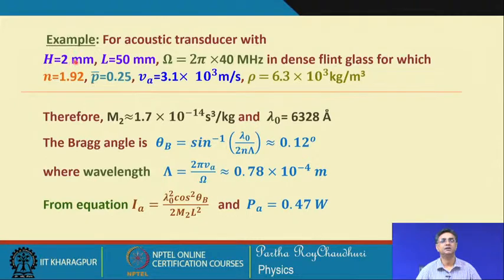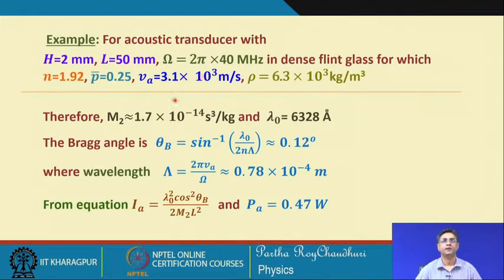Let us suppose that these are the numbers: h equal to 2 millimeter, the length of the acousto-optic cell, that is the width of the acoustic wave, is 50 millimeter, and the frequency of the acoustic wave is 40 megahertz in dense flint glass, for which n, the normal refractive index of the medium, is this, and the effective value of the strain optic tensor element is this.